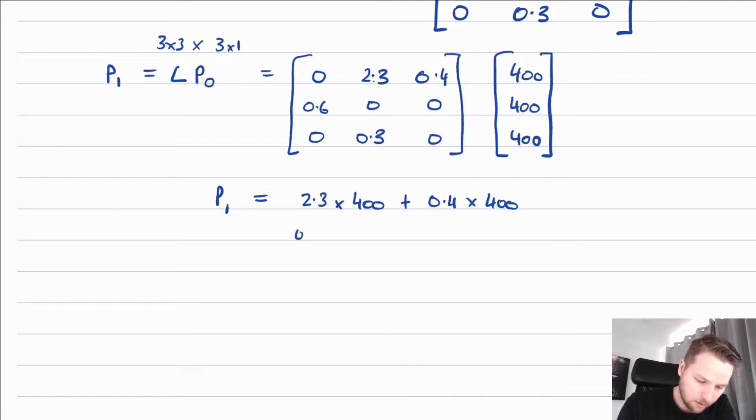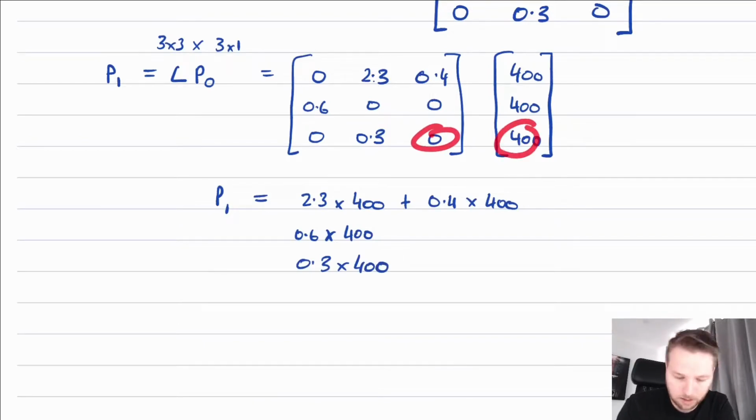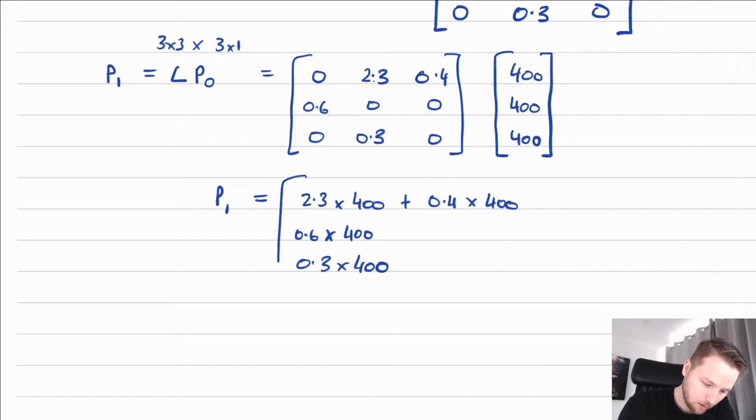Then 0.6 times 400 plus 0 times 400 plus 0 times 400, that's just going to be 0. Then the last one, 0 times 400, plus 0, plus 0.3 times 400, and then we're going to have 0 at the end. There's our population matrix, and then I can simplify that.